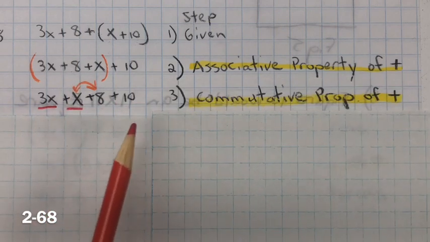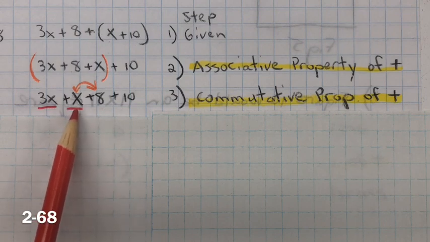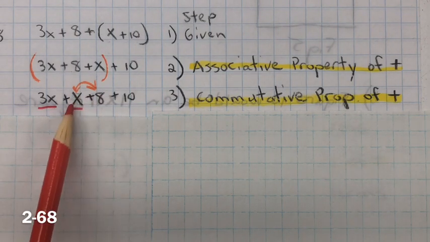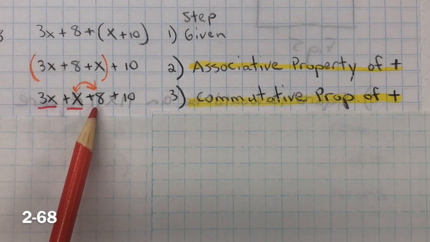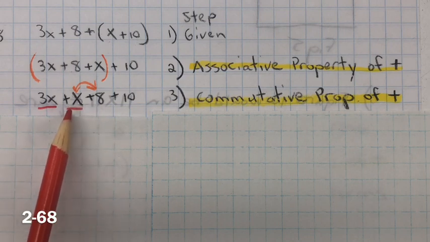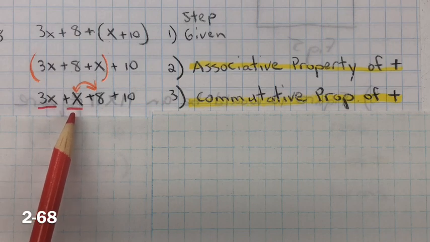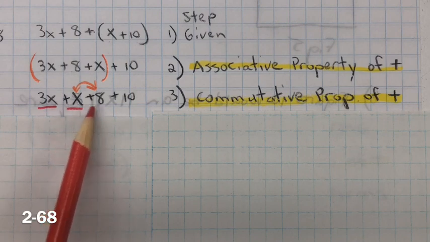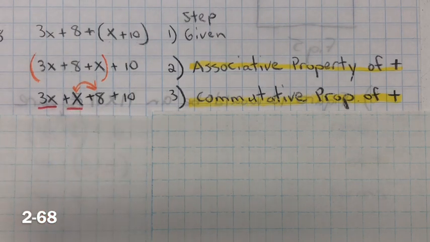This is the commutative property of addition. So the order of these two terms has been changed. The commutative property of addition is 2 plus 3 is the same as 3 plus 2. So it doesn't matter which order you go in when you're dealing with addition.